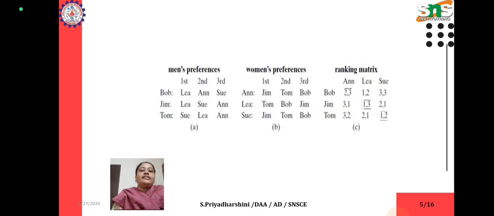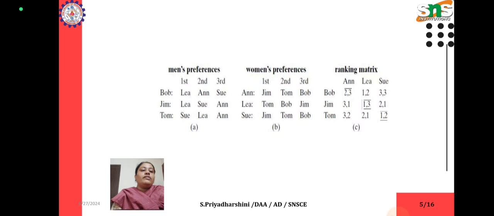We have the men's preference and the women's preference, so the first thing is to form the ranking matrix. We can solve this stable marriage problem either using men-optimal or women-optimal. We can take men-optimal as the solution, and the same way can be applied for women-optimal as well.